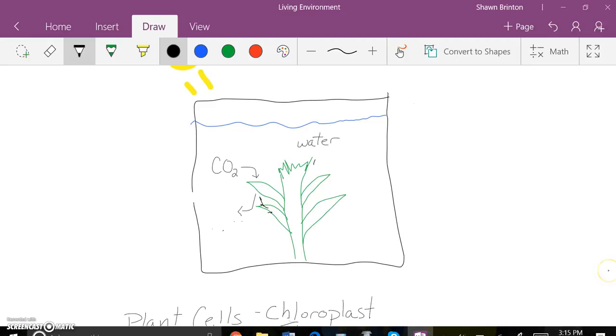Then photosynthesis happens, and sugars are made in the leaf, and of course oxygen, O2, is excreted out into the water as well. Of course you have the radiant energy from the sun, and that's basically how your aquatic plants perform photosynthesis, from the carbon dioxide in the water.